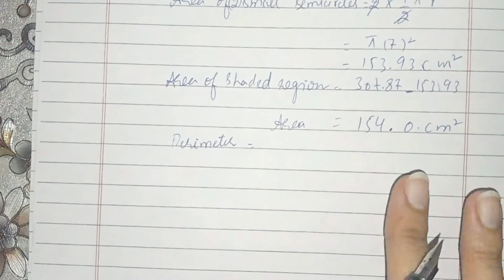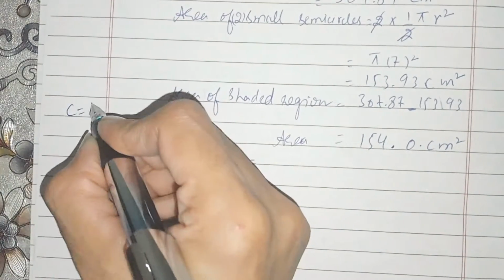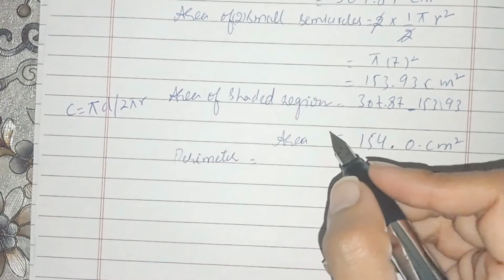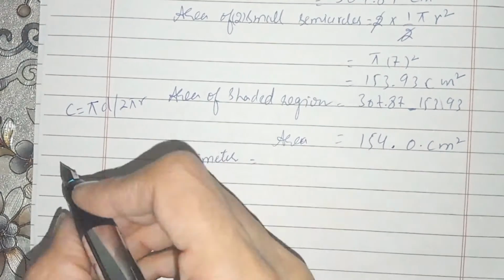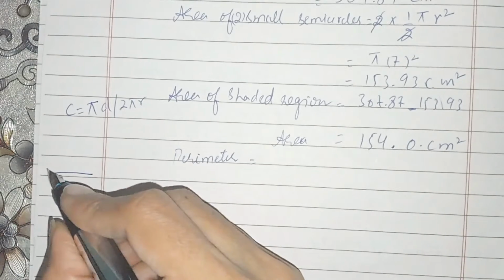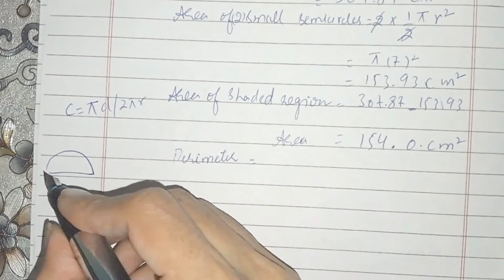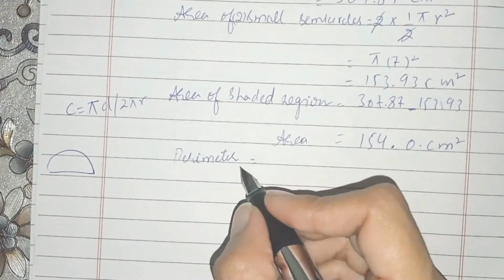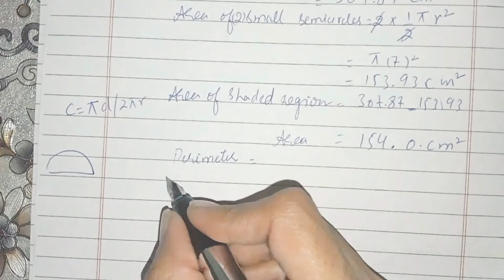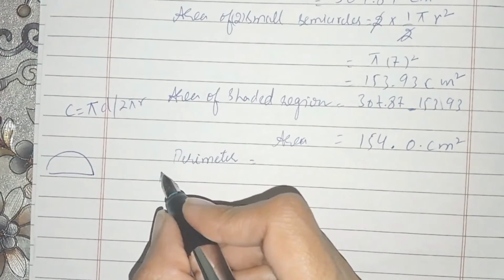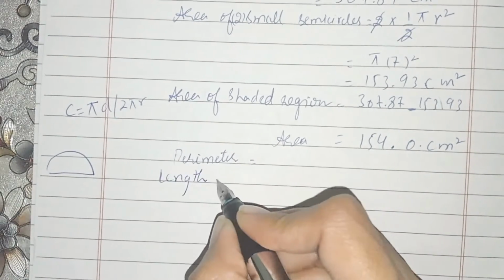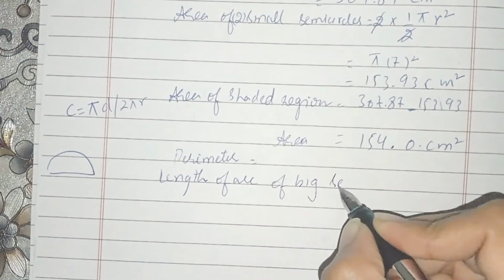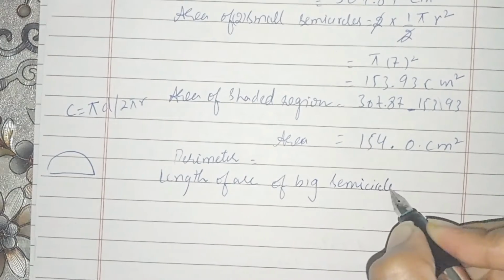We know that the formulas of the circumference are C equals pi d and C equals 2 pi r. Both are formulas to find the circumference of the circle. We have to find that of a semicircle, that's why we divide this formula by 2. For the perimeter, first find the length of the arc of the big semicircle.